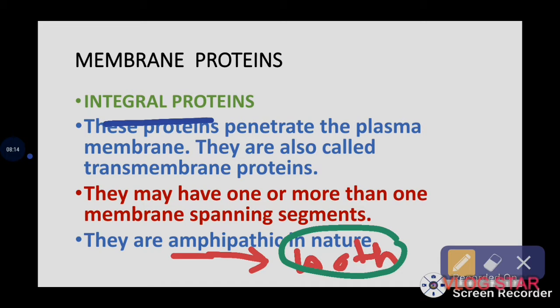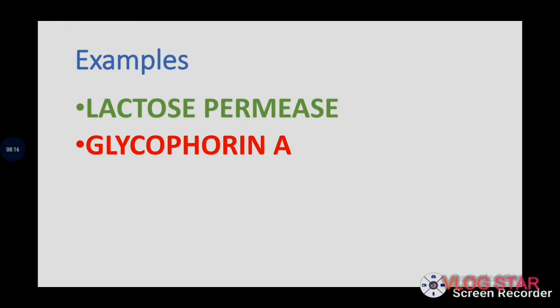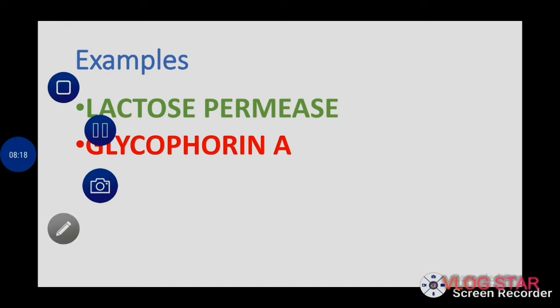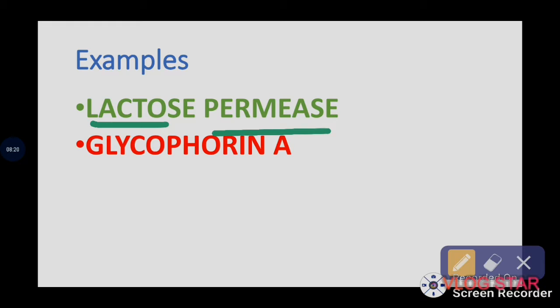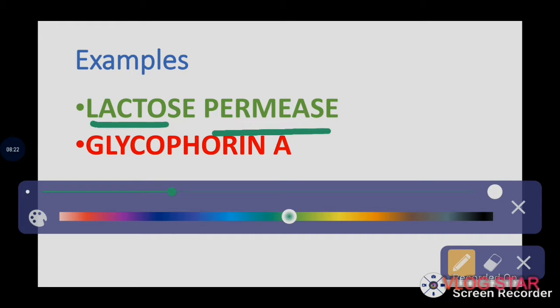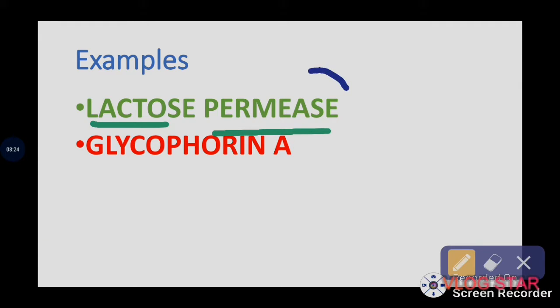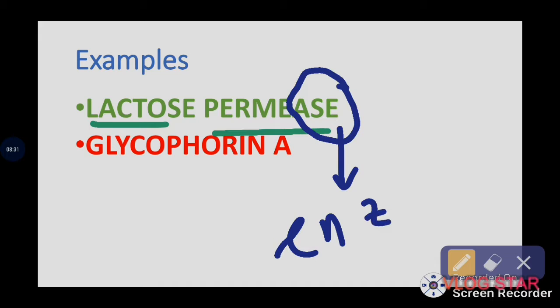We would be talking about them. For example, lactose permease. Whenever there is an -ase, you have to understand that the -ase tells us that this is an enzyme.